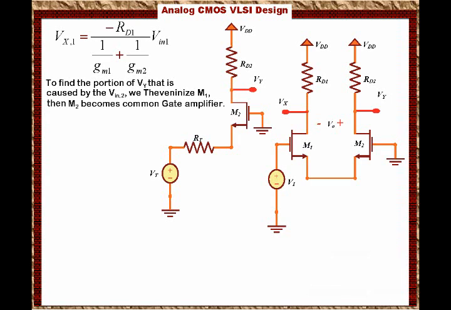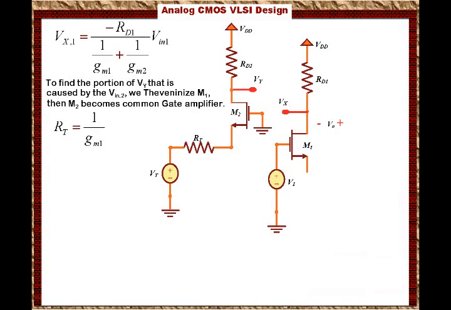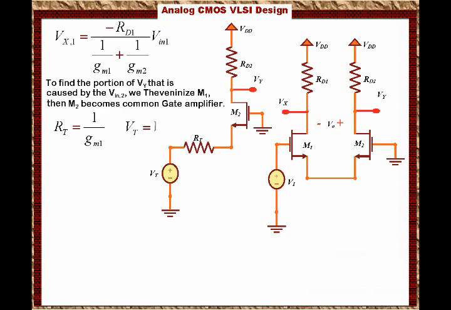Basically, to find the portion of Vy that is caused by Vn1, we Thevenize M1, and then M2 becomes a common gate amplifier. When you solve for our Thevenin resistance, it becomes 1 over Gm, and that makes sense because when you look back into the source of M1, you see 1 over Gm1, and we also know that the gain from the gate to the source is unity if the output resistance is open circuit.